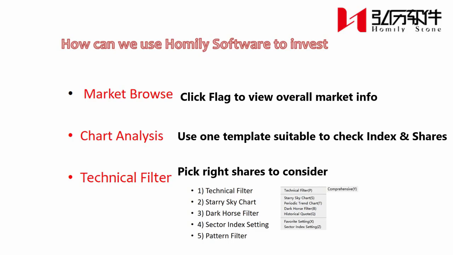And we use chart analysis. We can check the index and individual shares movement, using one suitable template. And we use the filter. We can choose the right share to consider.